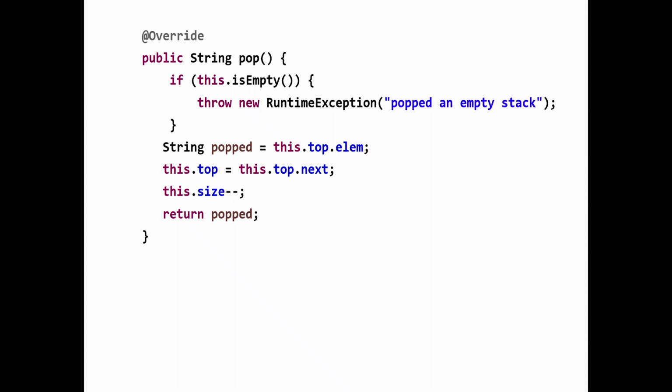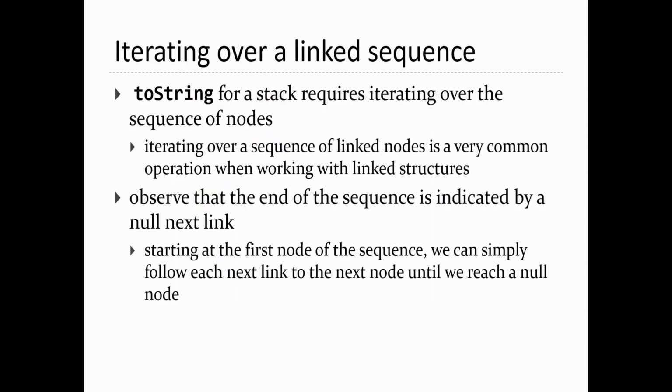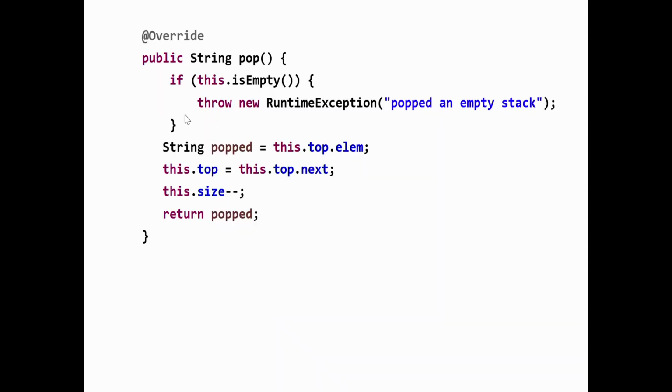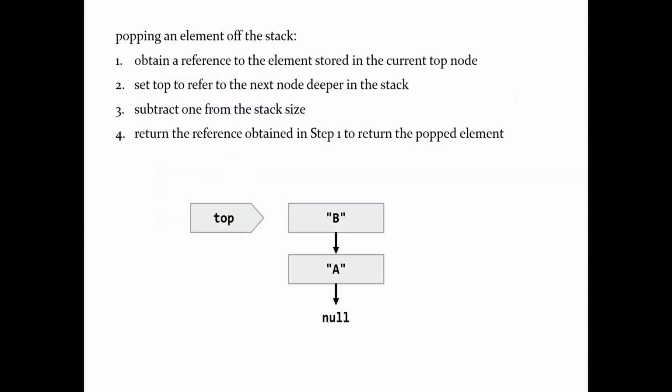The only thing that you have to get used to is following these links around. That's the only thing that's new here. You have to get used to doing it because it's weird the first few times you try to do it. So it's a bit odd to write something like this.top equals this.top.next. What you have to remember is that top points to this node here.